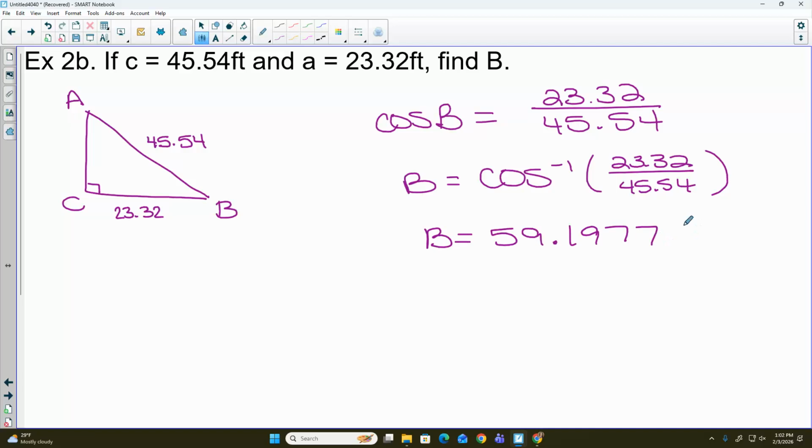I didn't say you had to do degrees and minutes, so degrees is fine, but how many significant digits do we need? 4. So 7 would round that up, so I get 59.2, and I would need to go ahead and put the 0 there to give me my fourth significant digit.